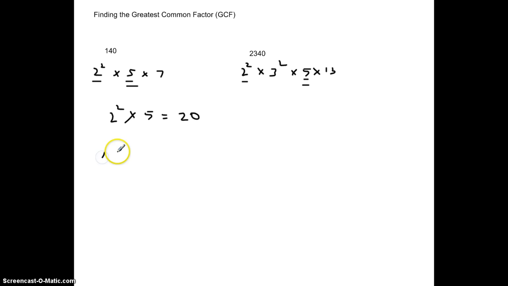If we tried 140, 2,340, and 90, we'd factor each one into primes.